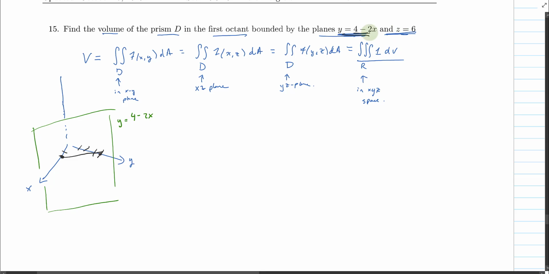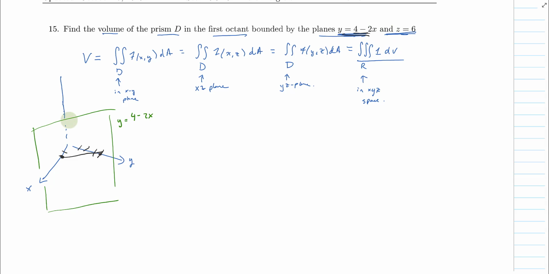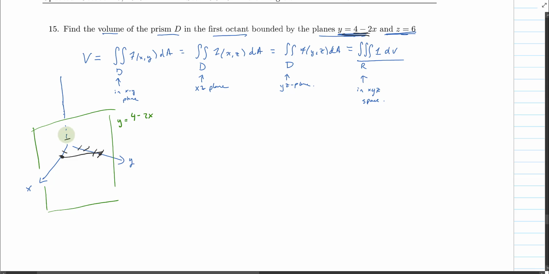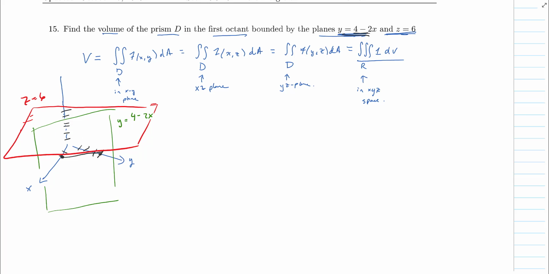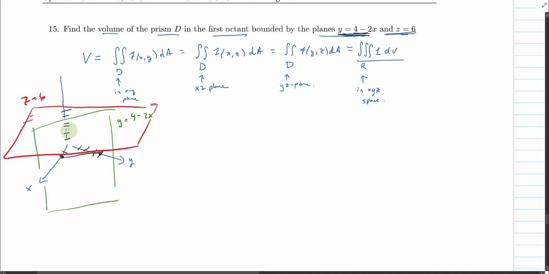Also in our system we have the plane z equals 6. So let's go up 6 here: 1, 2, 3, 4, 5, 6. So here is the plane where z is equal to 6. And the fact that we're in the first octant restricts us: we need to be above the xy plane, in the positive y direction of the xz plane, and in the positive x direction of the zy plane.